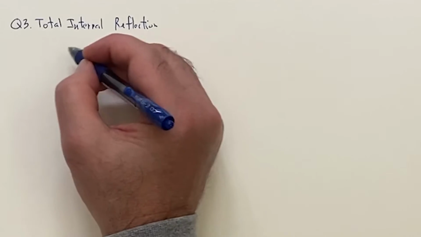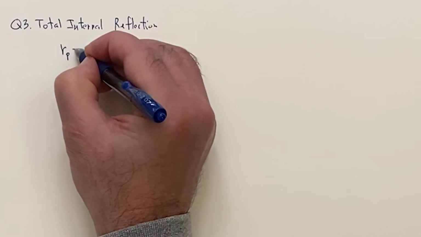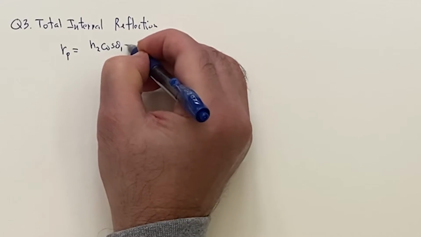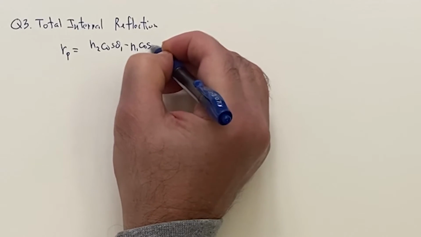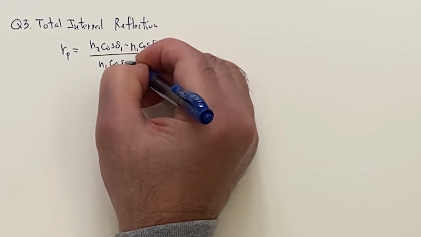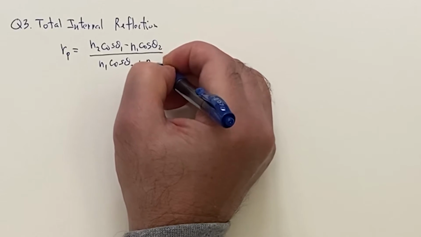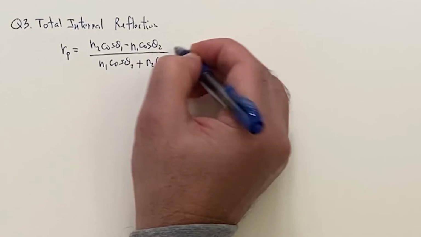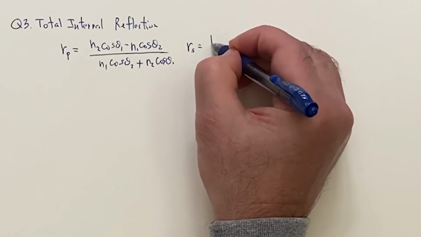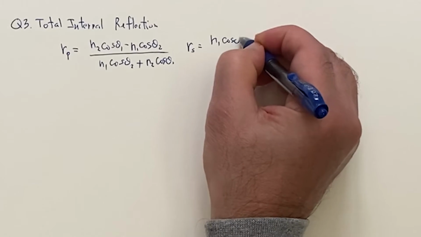And if we go to our Fresnel equations, we have this one from the previous chapter, for the parallel case, and then for homework, you're working on this one.